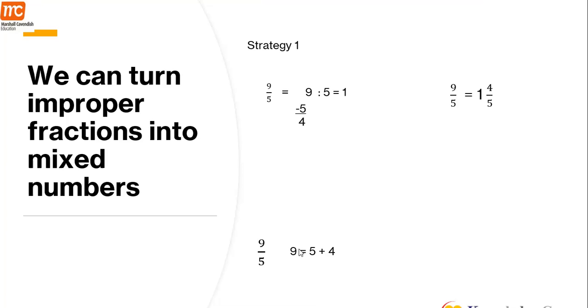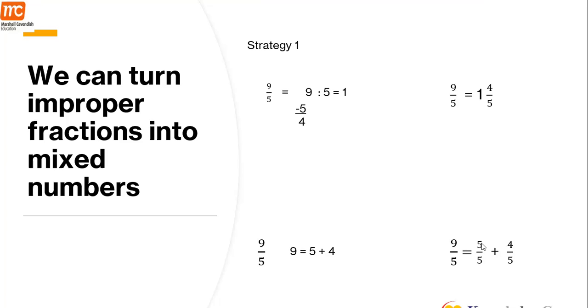So I take my whole, my numerator, and try to decompose it into the denominator and whatever is missing. In this case, the denominator is 5, and I still need another 4 to make 9.